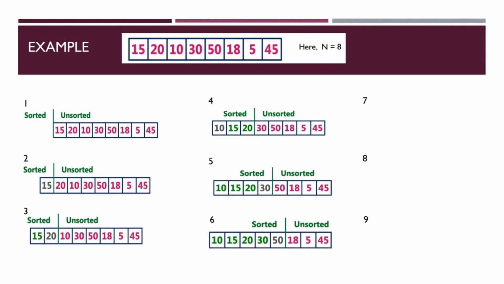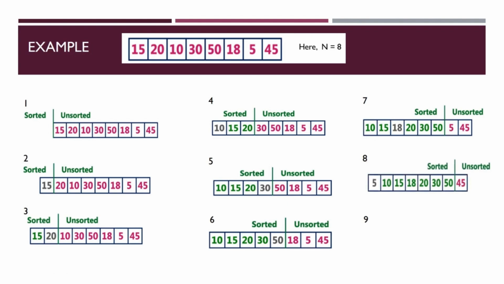So 50 is directly inserted at the last position in the sorted portion of the list. To move element 18 from unsorted to sorted, compare 18 with 30, 20, and 15. Since 18 is larger than 15, move 20, 30, and 50 one position to the right in the list and insert 18 after 15 in the sorted portion.